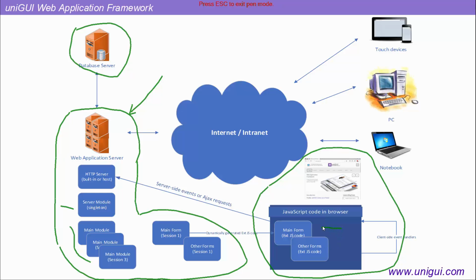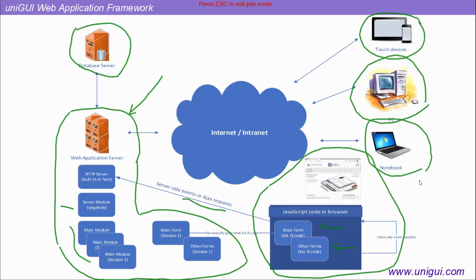Here are our forms displayed using XJS components, and here we have communication between server and the client using AJAX requests. As you can see, we have various types of client devices. It can be touch-enabled devices, regular PCs, computers, and also laptops and notebooks.